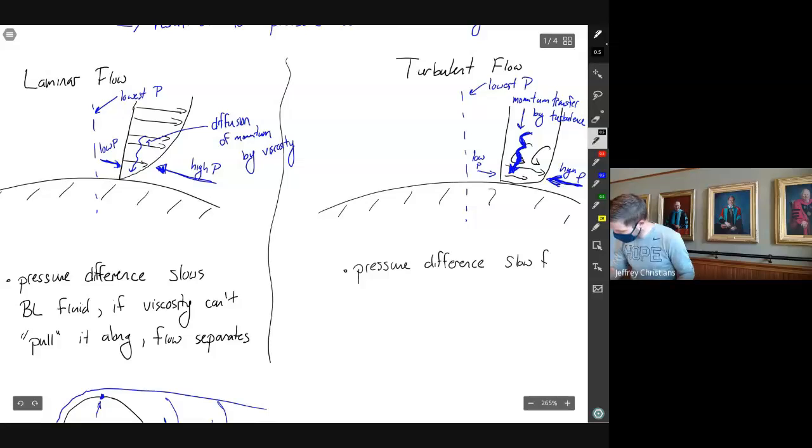It slows the fluid. But slow fluid mixes with faster fluid because of turbulence.